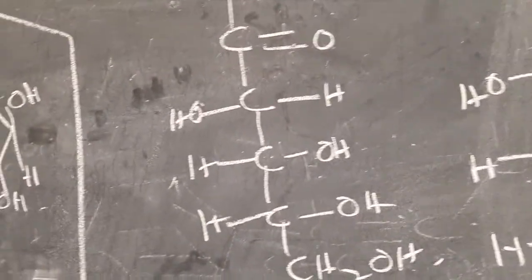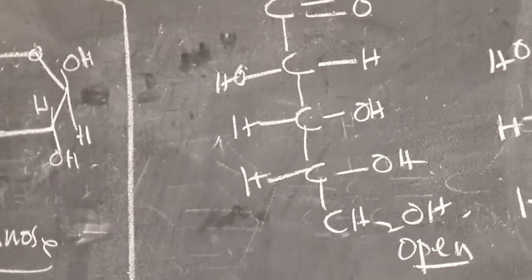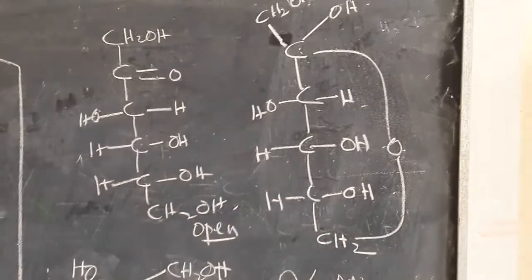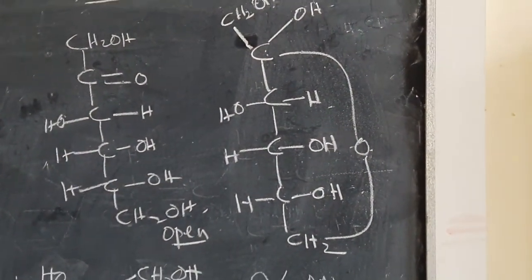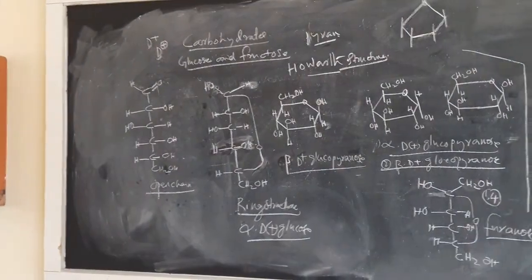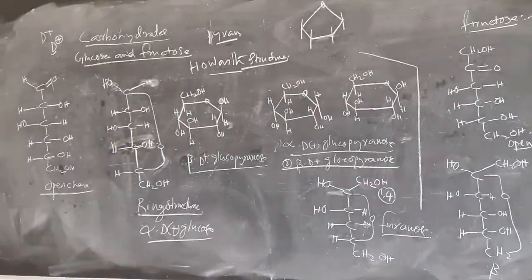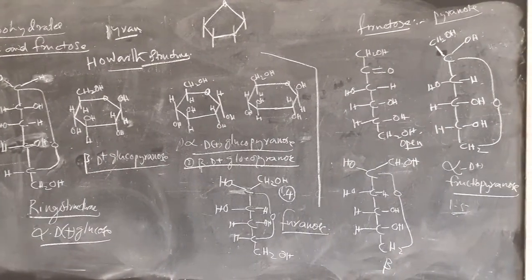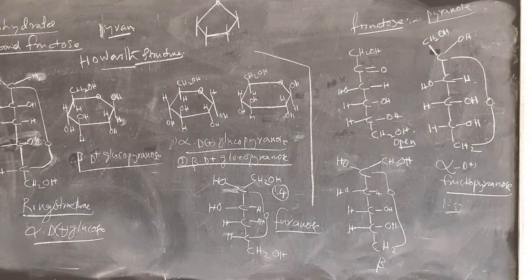So this is the open chain structure of fructose, right? Open chain, and the second one is the ring structure of fructose. And let us go for that. How do we get the ring structure of fructose? Let me put it like this. Okay.